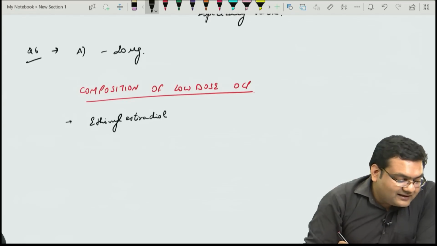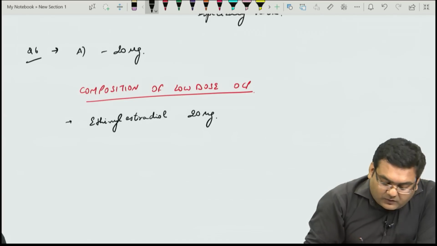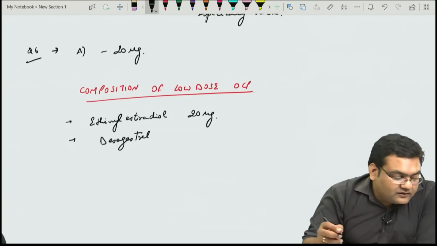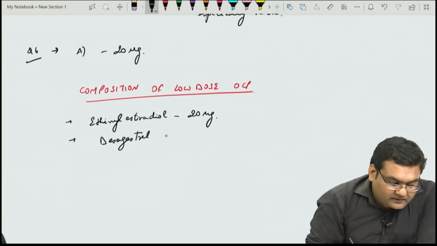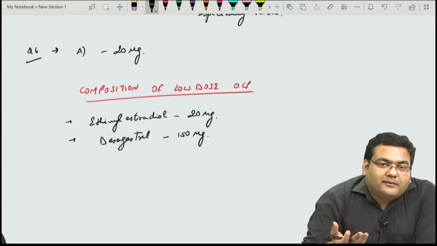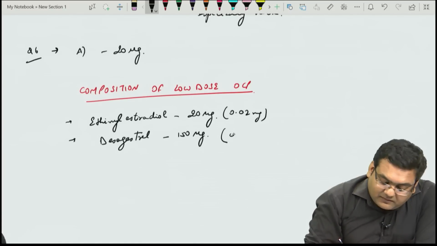Your ethinyl estradiol, that is 20 microgram, and desogestrel containing 150 microgram. If examiner asks it is in milligram terms, it becomes 0.02 milligram and this becomes 0.15 milligram.